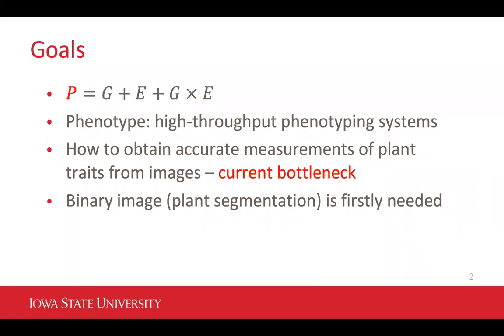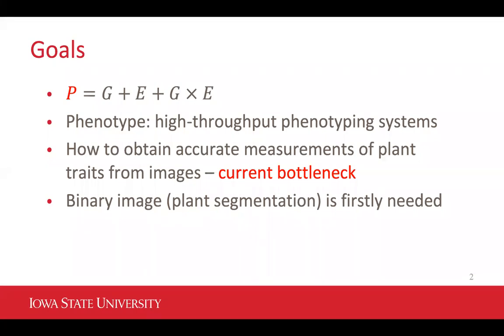In the classical way, we have students or other people go into the fields and measure manually. This is very time-consuming and labor-intensive. Therefore, in recent years, high-throughput phenotyping has become a very hot topic.